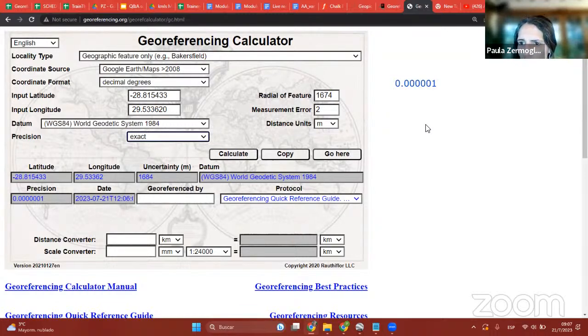Okay, good. We have another question that says, I can see measurement error is 2 meters in both examples. Why? Well, the measurement error is the error associated to my capacity for measuring on a map.